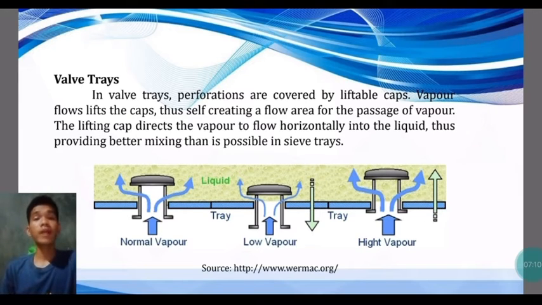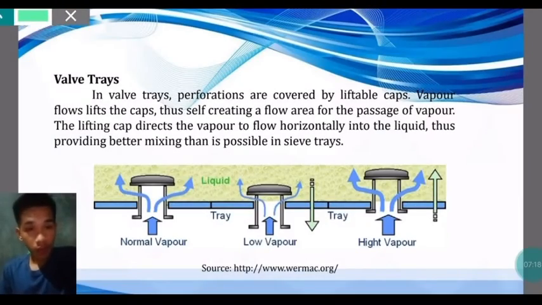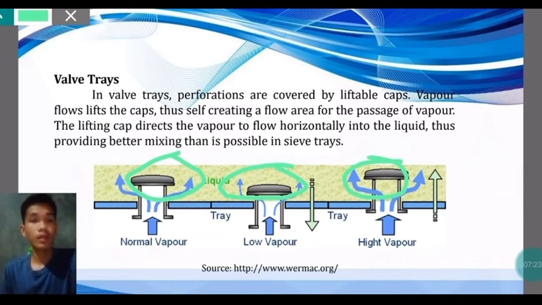Next is valve trays. In valve trays, perforations are covered by liftable caps. Here are the liftable caps. The vapor flow lifts the caps, thus creating a flow area for the passage of vapor.